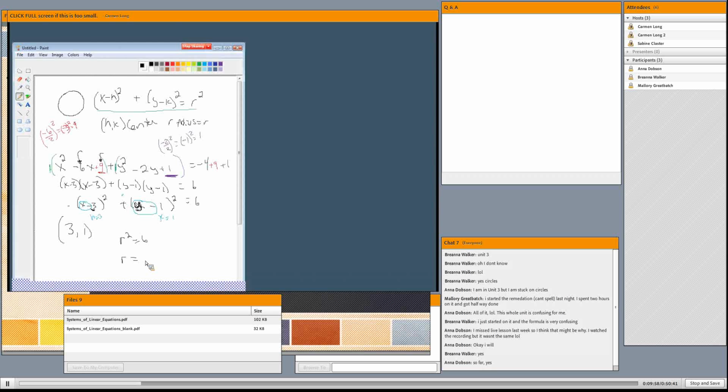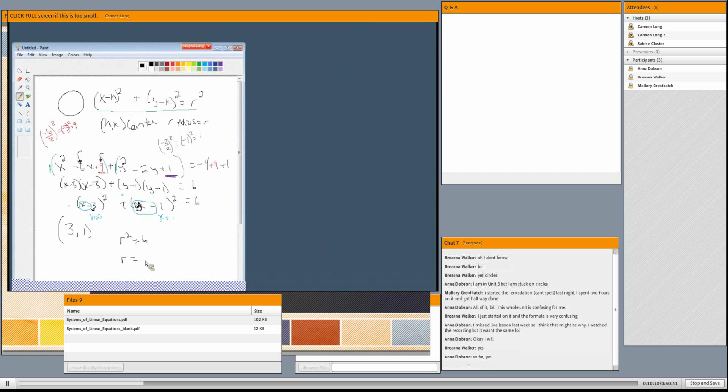Well, how would you get r by itself, right? You undo a square. You don't divide by 2. That's right. You can take the square root of both sides. Put that in your Q&A pod. So the radius equals, I'll tell you when you get it right.